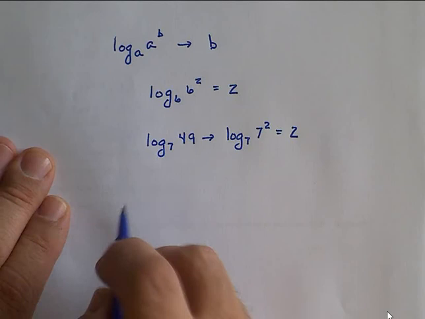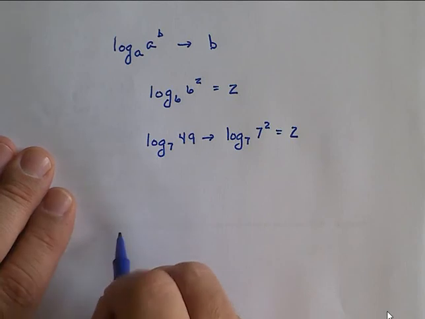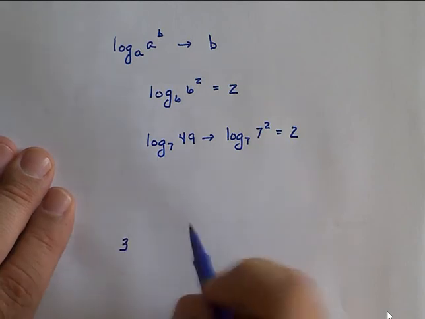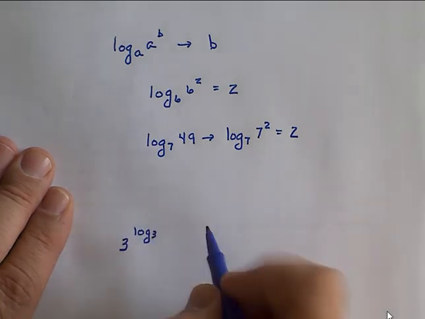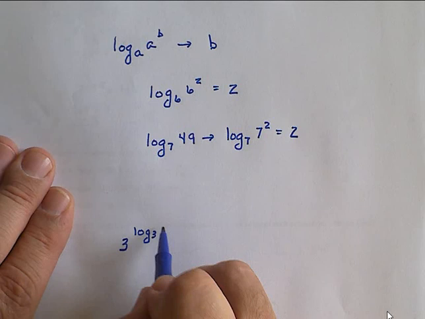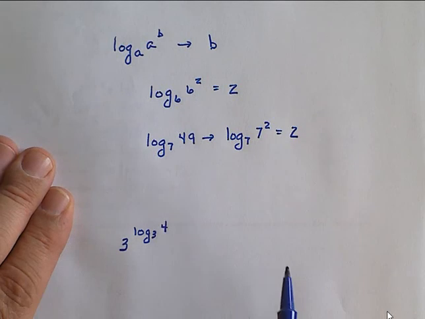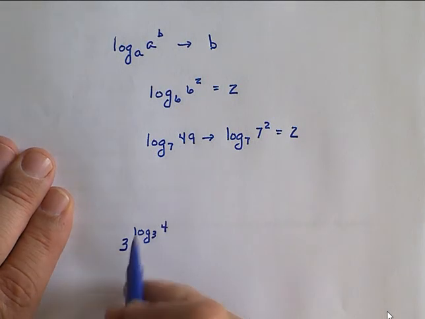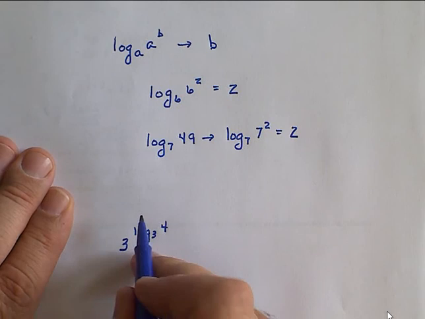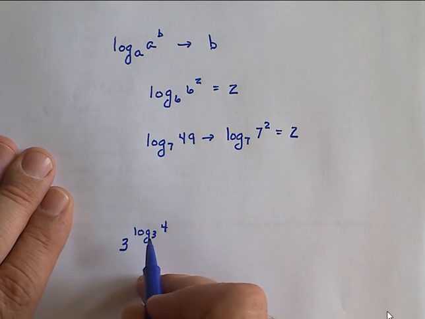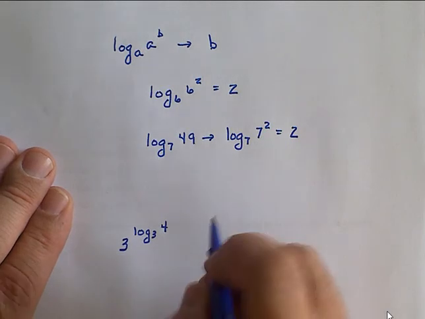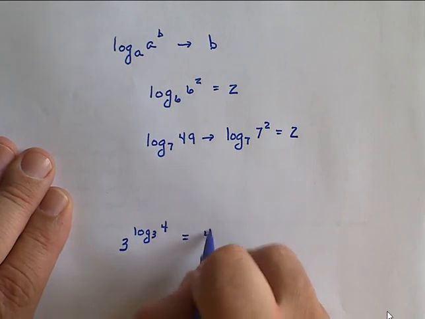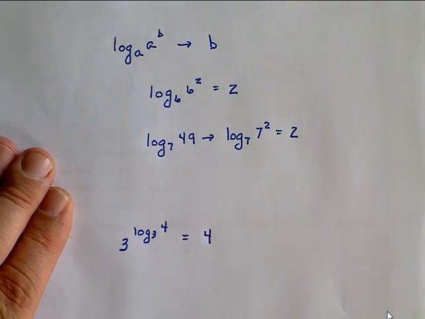So if you have 3 raised to the log base 3 of 4, for example, it's exponential, but it has a log in its exponent. In this example, those cancel out again, so whatever's left up there is going to be your answer.